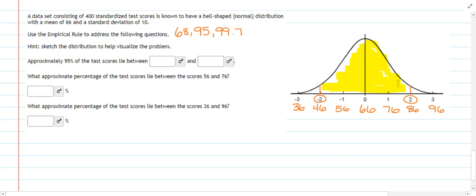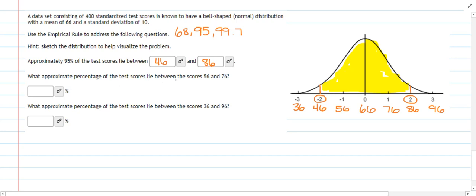So that is why this is going to work, because 95% under this curve is colored in, just this little bit outside here. Those numbers are going to be 46 and 86. So 95% of the test scores lie between 46 and 86.